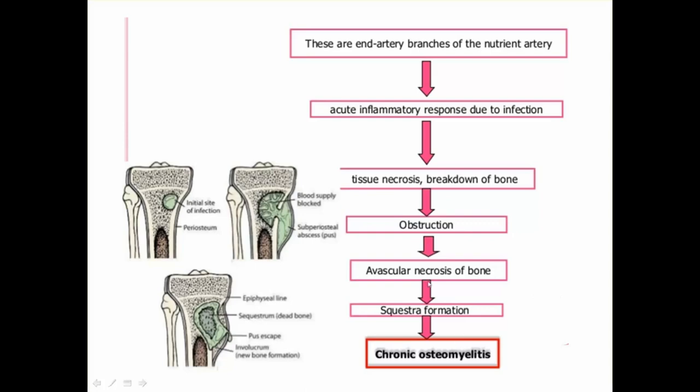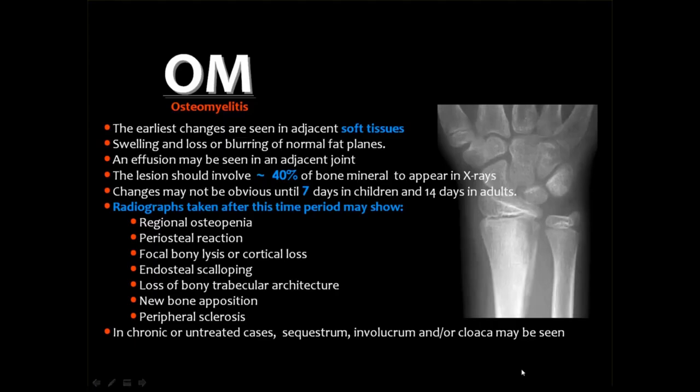Before the formation of necrotic tissue, sequestra, is the acute stage, and after the necrosis, sequestration, and new bone formation, known as involucrum, is the chronic stage, as I will discuss.